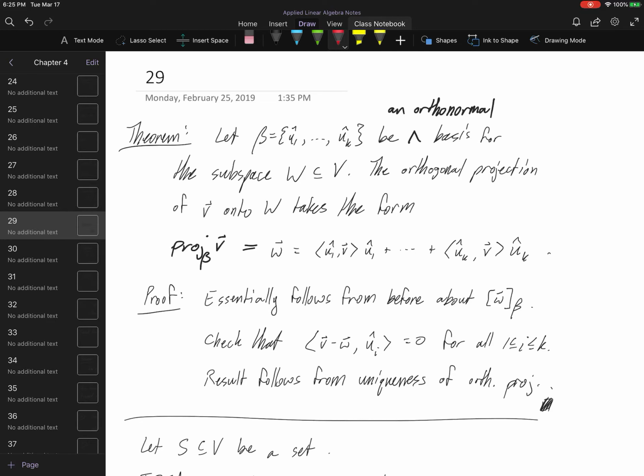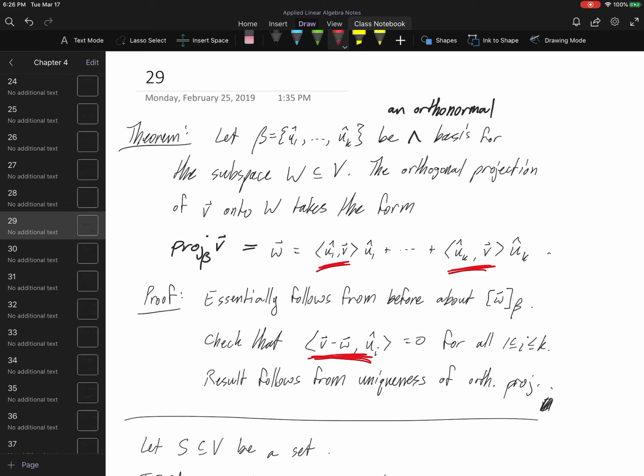There we go. Okay. That the projection, I can go ahead and take the coordinate components from our orthogonal decomposition theorem, and say that each of these weights that I have to attach onto the U_k vectors is just what the coordinates are for W. And this follows from what we've done before about what these coordinate vectors have to look like.